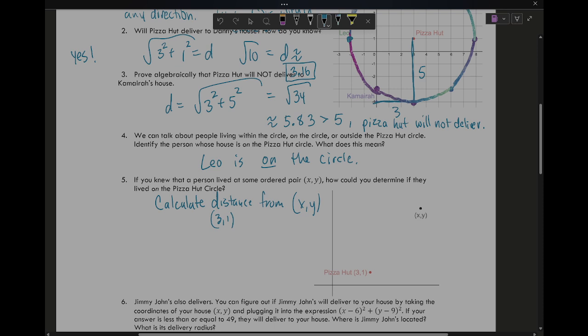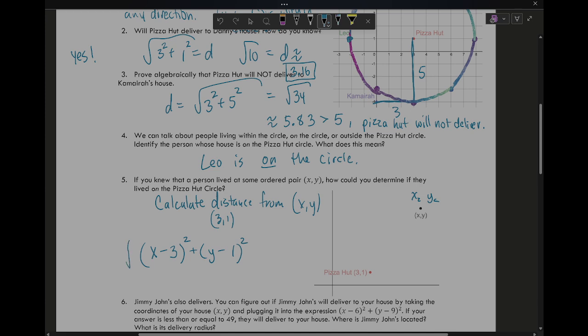So basically, the distance formula is the x coordinate minus, so I'm going to use this as x2, y2, sort of. So x minus 3 squared plus y minus 1 squared.